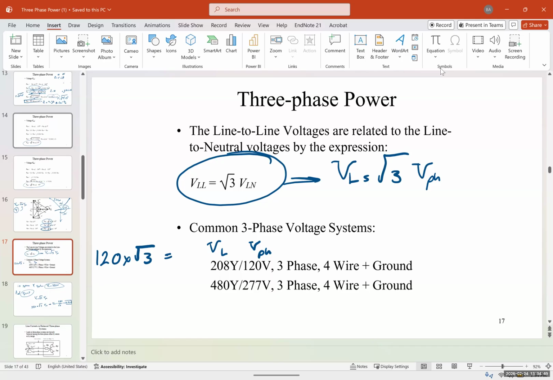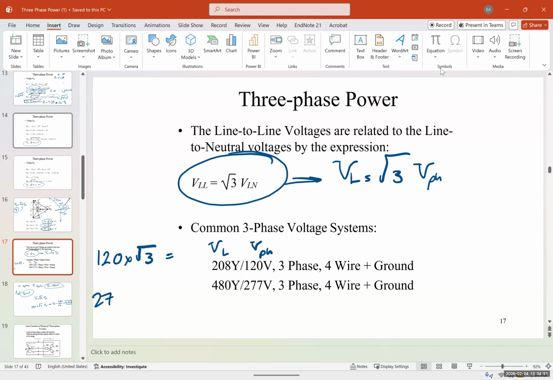Okay. And again, I want you to multiply 277 by square root of 3. What does it give us? 480. Thank you. So again, the number on the right is the line to neutral or the phase voltage, and the number on the left is the line to line voltage or the line voltage. Okay.